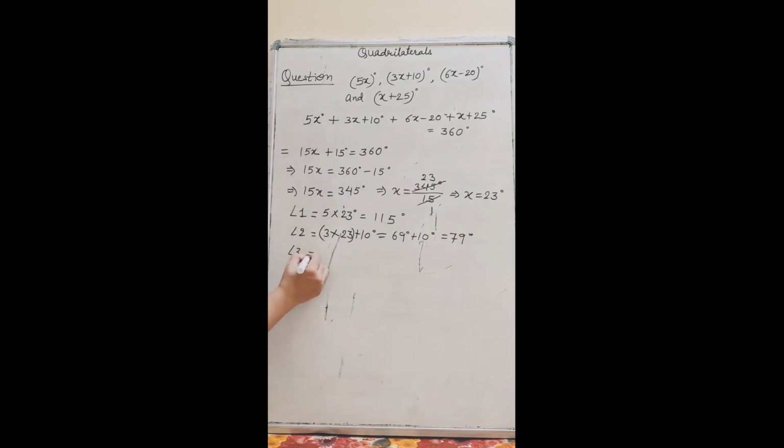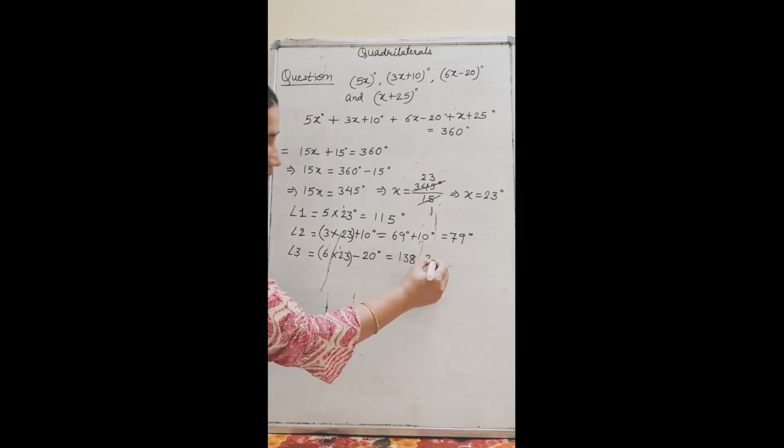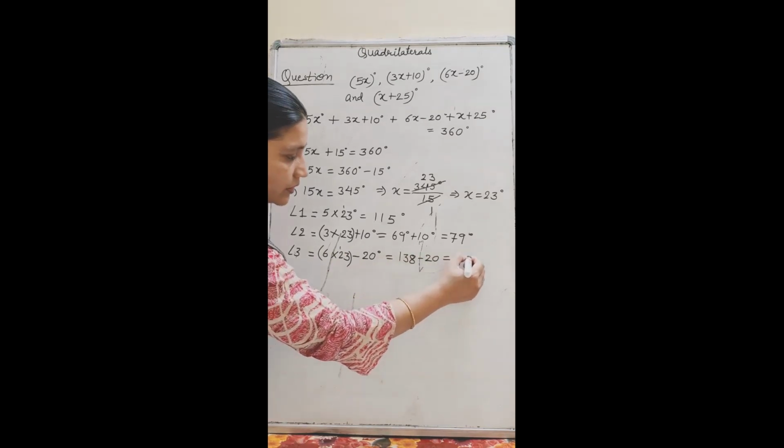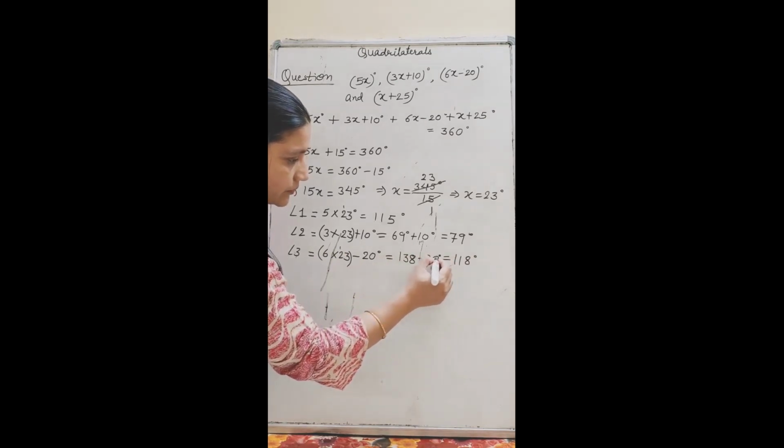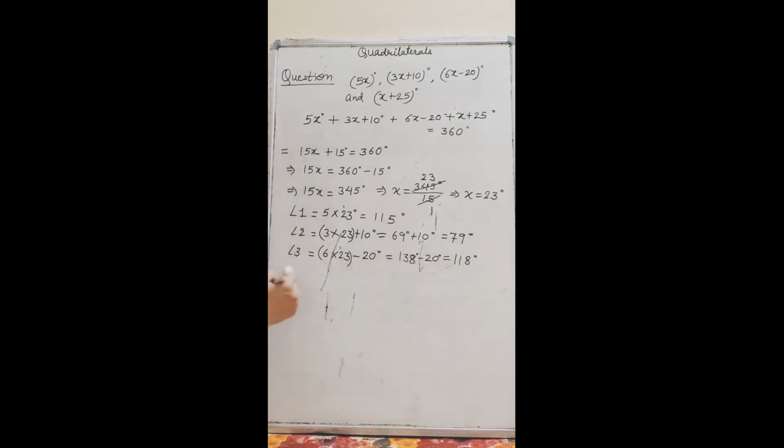Third angle, 6 into 23 minus 20 degree. First we multiply these two: 6 3 are 18, carry over 1, 6 2 are 12 plus 1, 13, so 138 minus 20 is equal to 118. The fourth angle is x plus 25 and the value of x is 23.